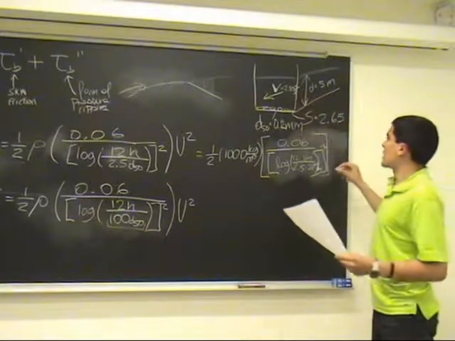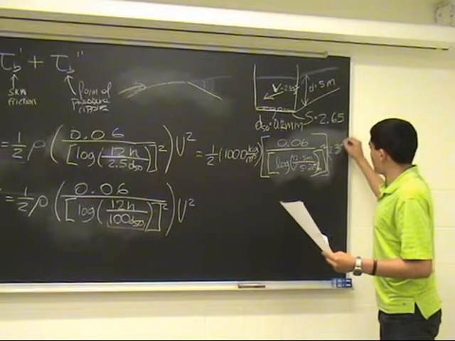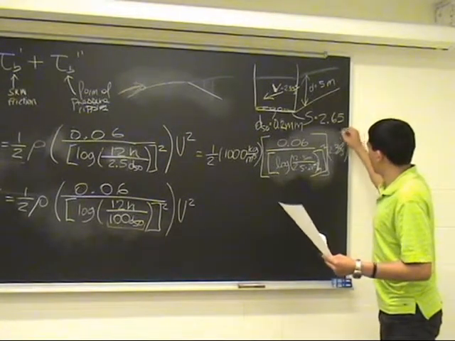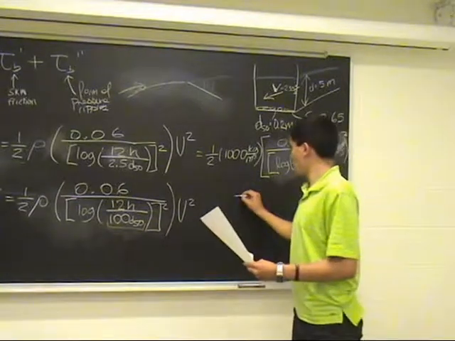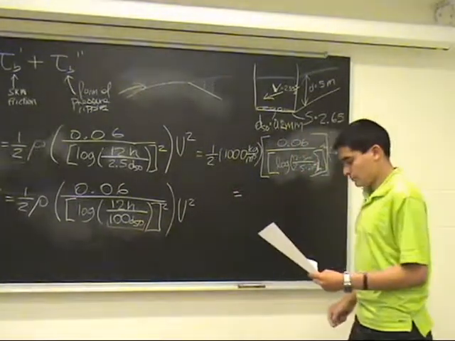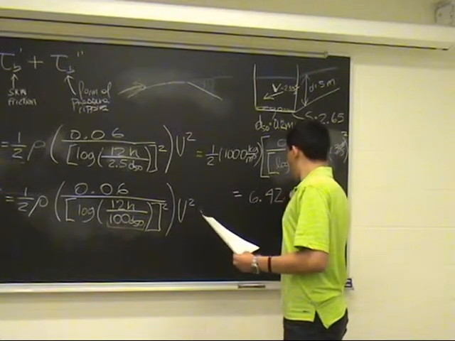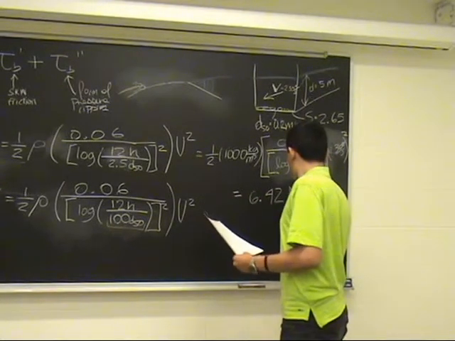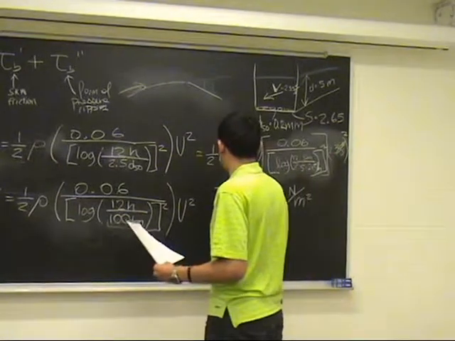The velocity of our channel is 2.35 meters per second. We square that, and then we should get a value of 6.42 newtons per meter squared. So this is the effective shear stress.